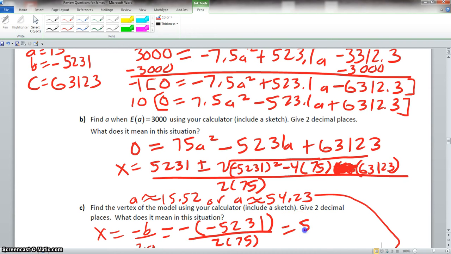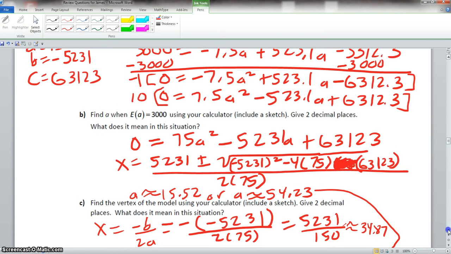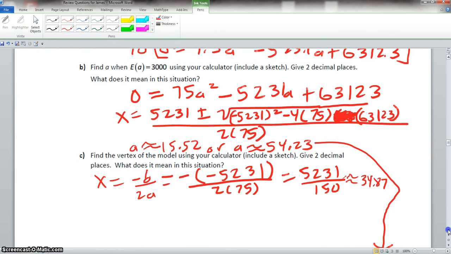So this will give us 5,231 divided by 150. Now we will put this in our calculator, and that will give us approximately 34.87.